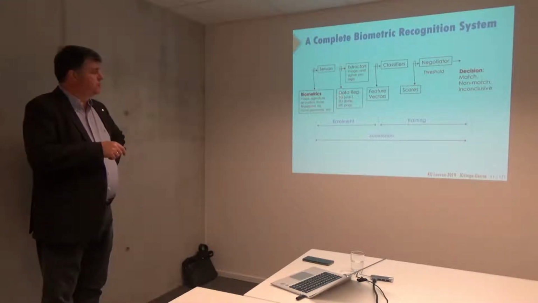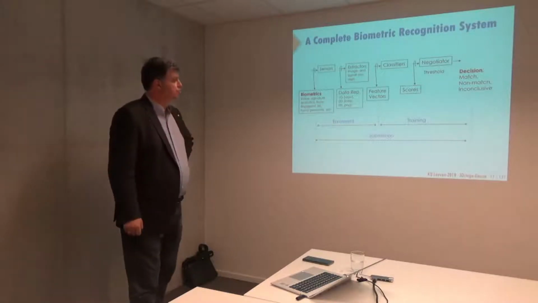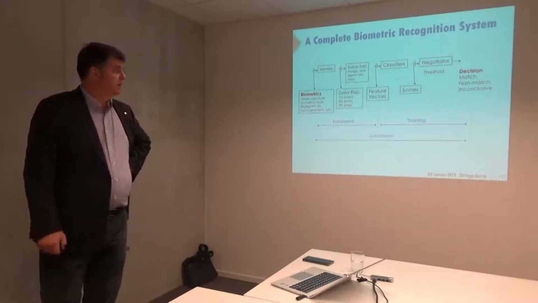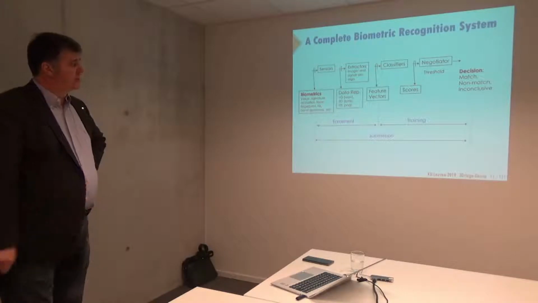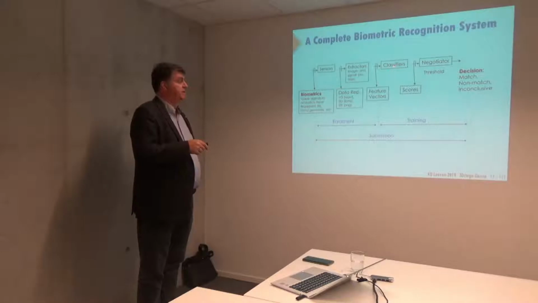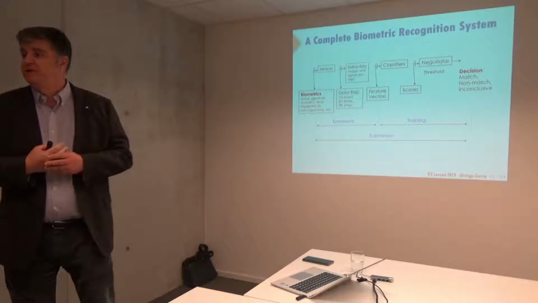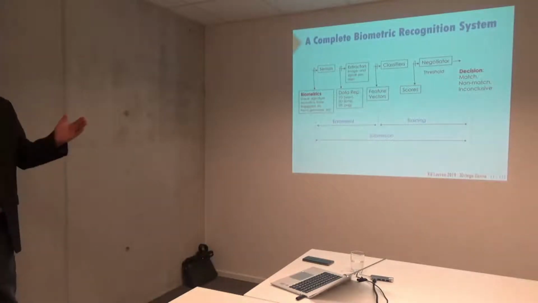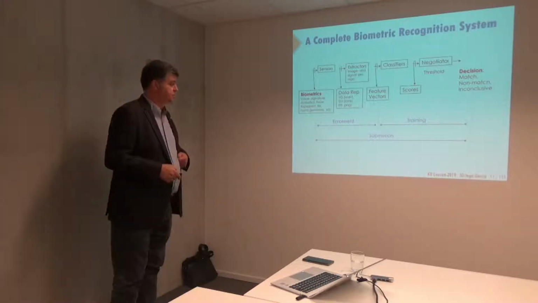Here you extract the information and do the pre-processing stage. You extract the feature vector, and here you have the classifier. Then, once you have the matching score, you can negotiate the output of the system in terms of thresholding and acceptance or rejection, for a final decision.